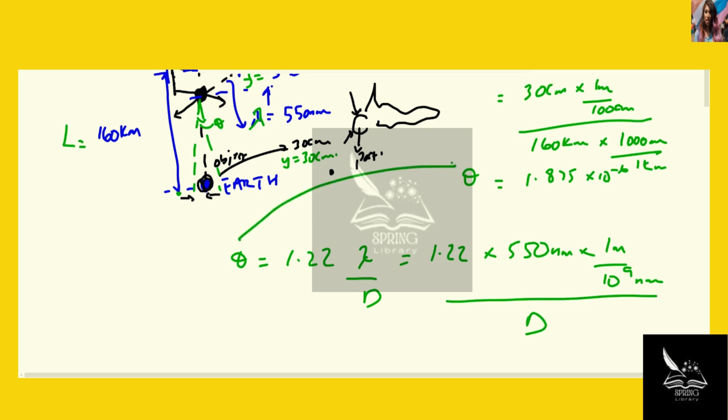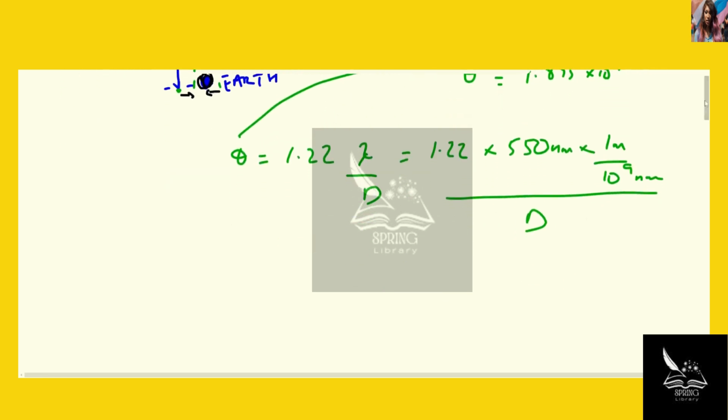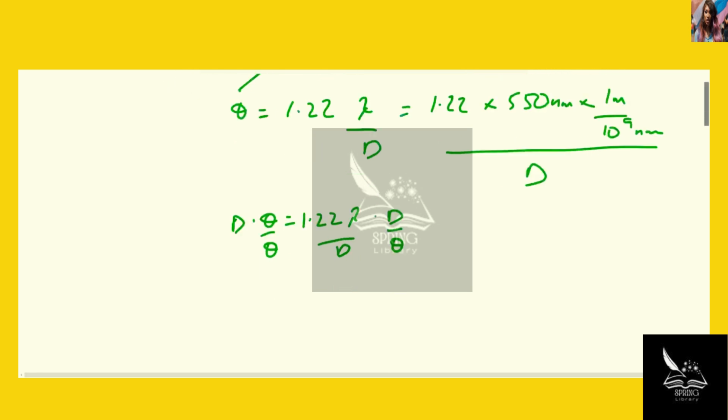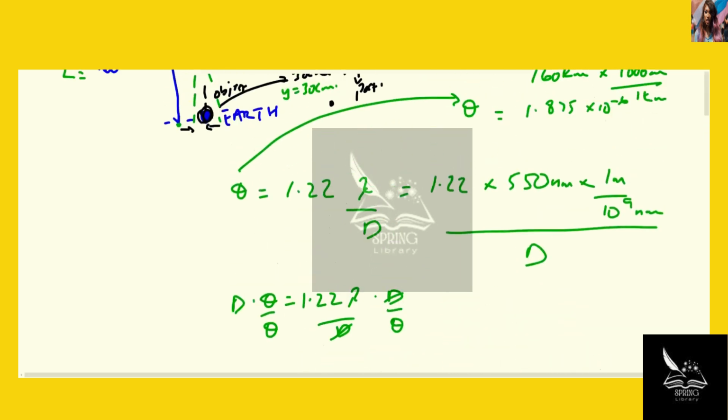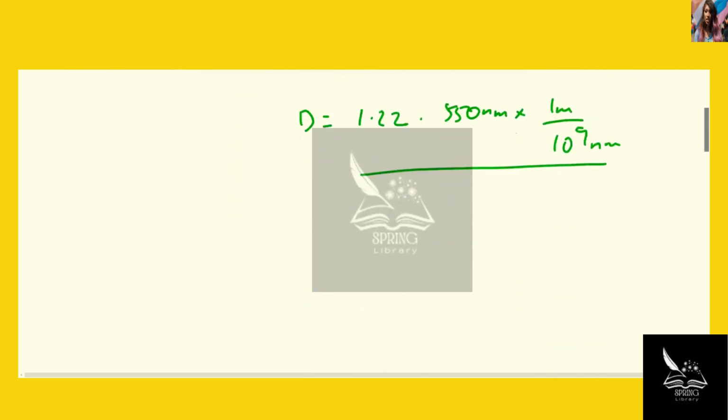Assume theta equals 1.22 lambda over d. Multiply both sides by d, and divide both sides by theta. Then d equals 1.22 times lambda, 550 nanometers times 1 meter over 10 to the 9 nanometers, divided by theta, which was 1.875 times 10 to the negative 6.